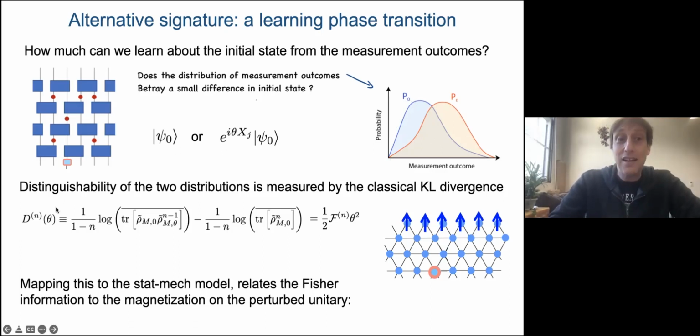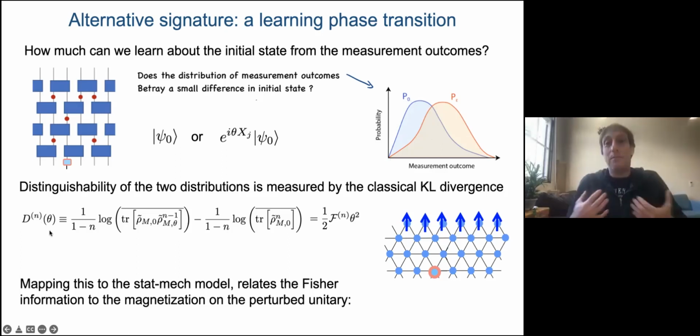I can quantify that because now I'm a classical observer and I have just classical measurement outcomes. I can look at the divergence of the information in them using the KL divergence, which is very useful, for example, in statistical analysis and machine learning. I can look at the KL divergence between these 2 distributions.